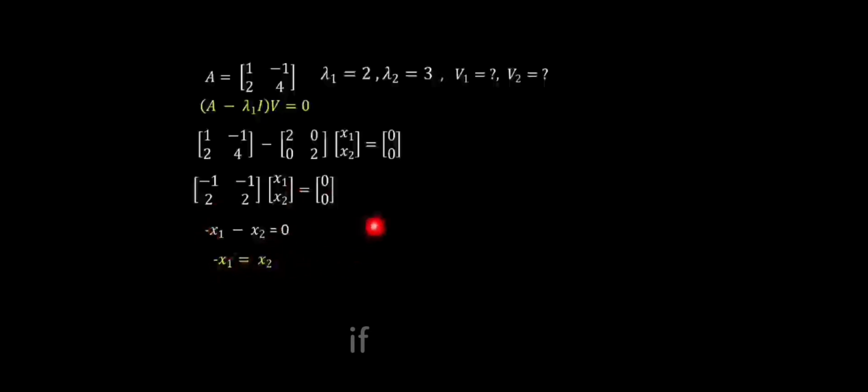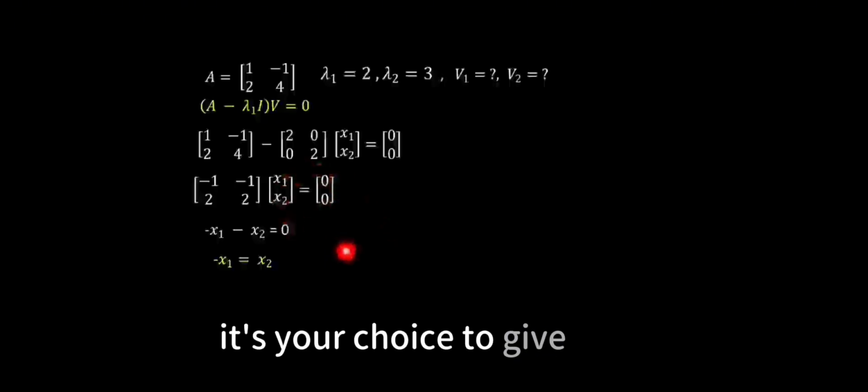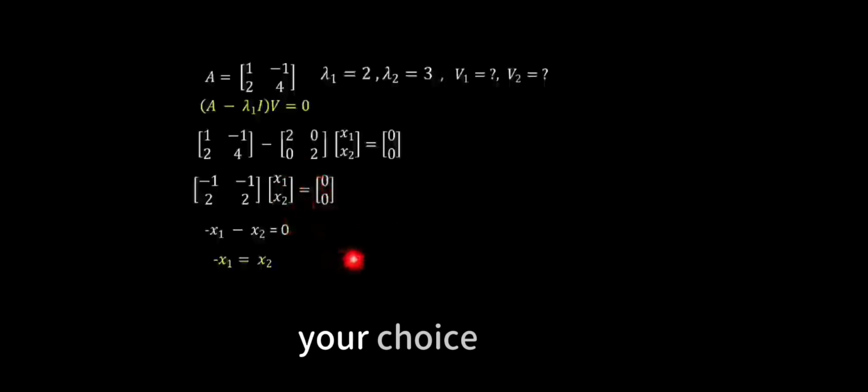That means if our x1 is something like positive 1, because it's your choice to give me a value, either negative or positive, then our x2 is the opposite of that x1.